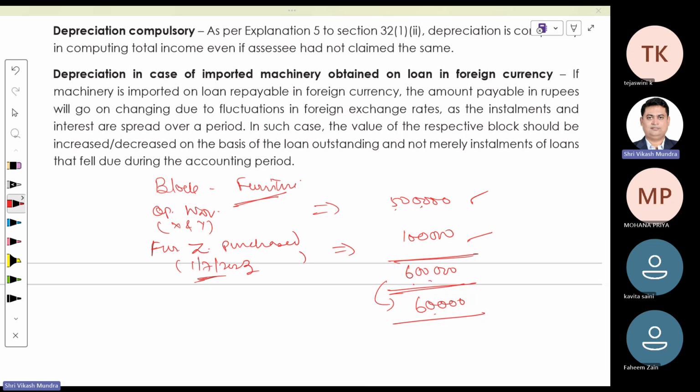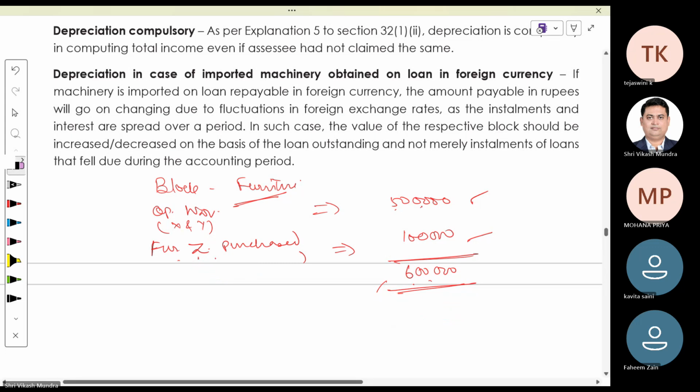Clear? Done? One more example. What if this furniture was acquired by us on 1st January 2024? Now, please calculate depreciation. You have 1 minute time. In an MCQ, suppose it is asked, what should be the amount of the depreciation?